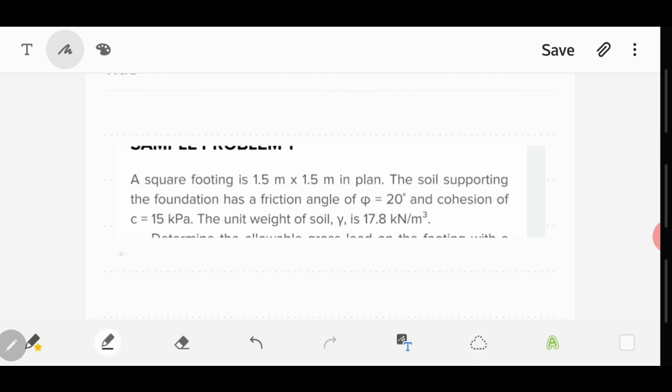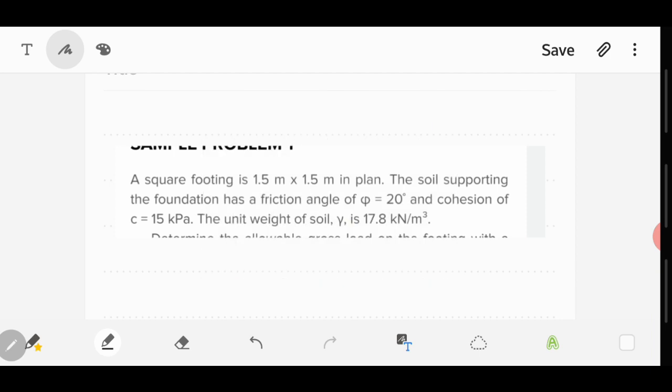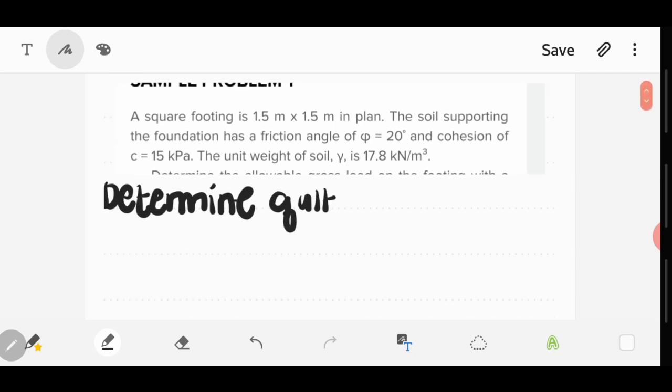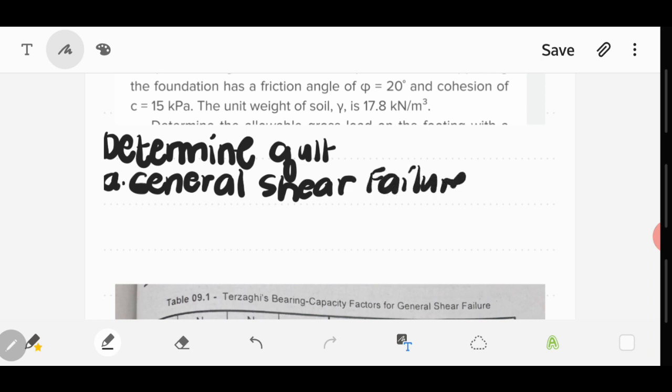So you are to determine q ultimate for letter A, general shear failure, letter B for local shear failure.